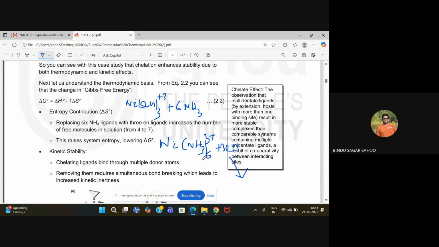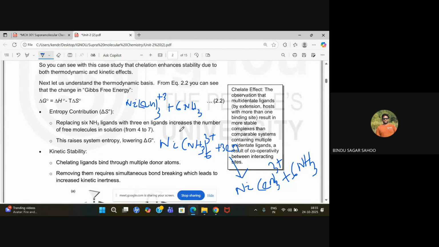That means initially the number of reactants is 4. After the addition of the ethylene diamine groups to the substrate, it will form the complex [Ni(en)3]2+ along with six NH3 molecules. So he's mentioning the same thing: replacing six NH3 ligands with three en ligands increases the number of free molecules in solution.